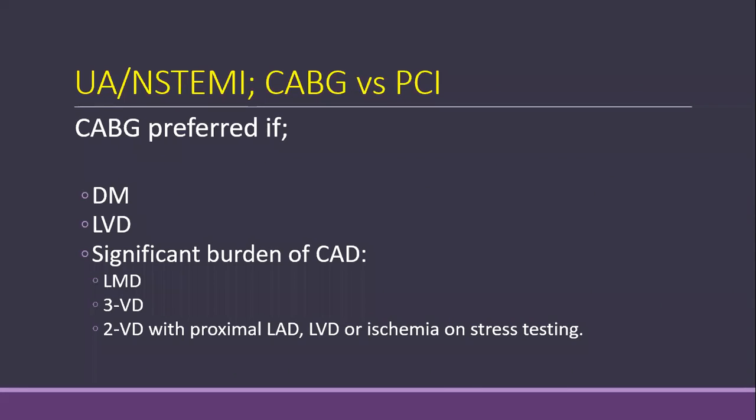So CABG is preferred in those patients who have diabetes mellitus, or left ventricular dysfunction, LVD meaning left ventricular dysfunction, or a significant burden of coronary disease, meaning left main disease and triple-vessel disease, and those patients who have two-vessel disease with involvement of the left anterior descending artery, especially the proximal part of the left anterior descending artery, or two-vessel disease plus LV dysfunction, or any ischemia on stress testing.